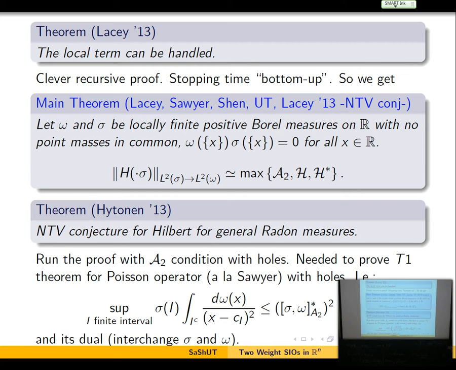You run the whole proof. I'm not saying it's trivial, but the scheme was known. You have to prove a T1 theorem for the Poisson operator like Sawyer, but with holes like this, but it works. And then you get the NTV conjecture for general Radon measures.